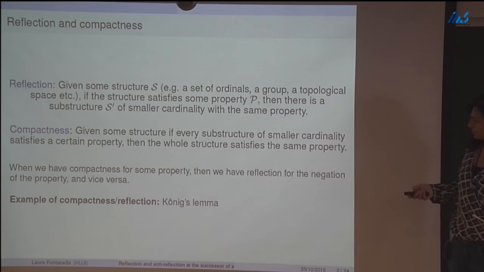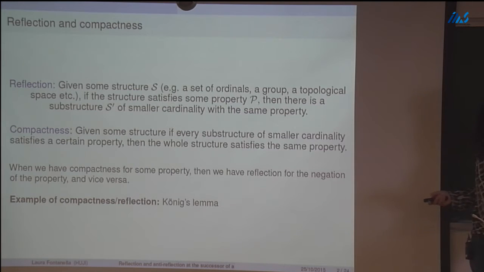Now, Menachem will talk about compactness, which is dual to reflection, and the compactness principle to me is any statement that has this form: given some structure, if every substructure of smaller cardinality satisfies a certain property, then the whole structure satisfies the same property.